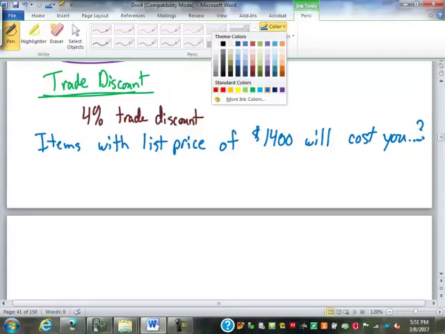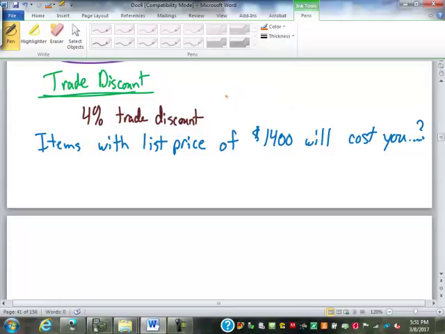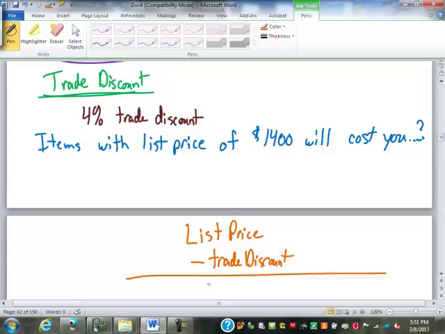Well, if you remember back in our first unit, we talked about these percent increase and decrease problems. This is a percent decrease problem. We have the list price here. From that list price, you're going to subtract your trade discount. And then you're going to get the price you pay.